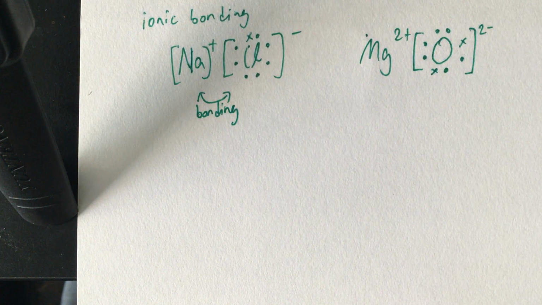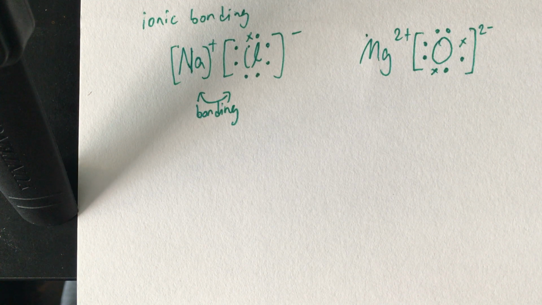I don't know how else to describe this, but yeah. The chloride has a full outer shell because of the electron from the sodium, and therefore the chloride is negative. The sodium lost one of its electrons, so it's positive, and now they have an attraction towards each other because of that. Okay, cool.